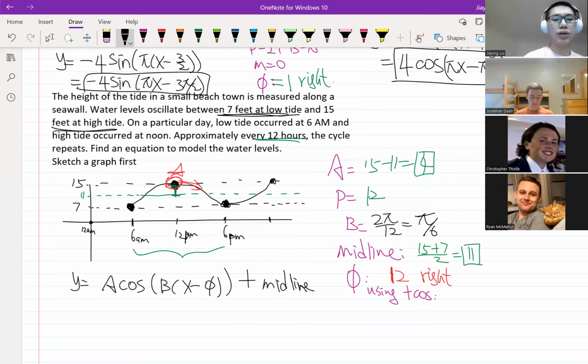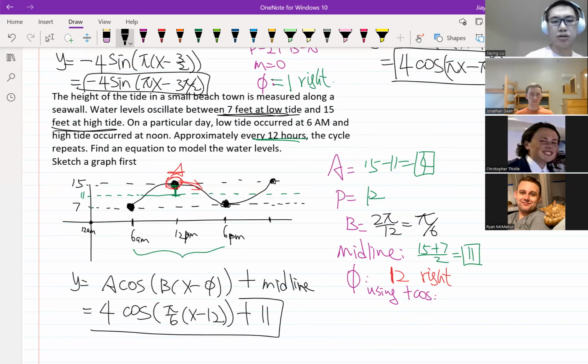So now let's plug in what we know. We know that a is 4, and in the cosine parentheses, we have b, which is pi over 6, x minus 12, plus the midline, which is going to be 11. So this is my function.